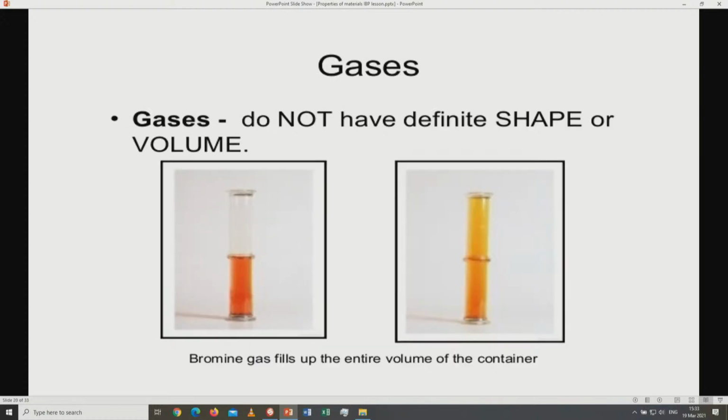Now let us look at gases. Gas does not have a defined shape or volume. We have an example there, bromine gas. It fills up the entire volume of the container. There are two demonstrations there, you can look at them.